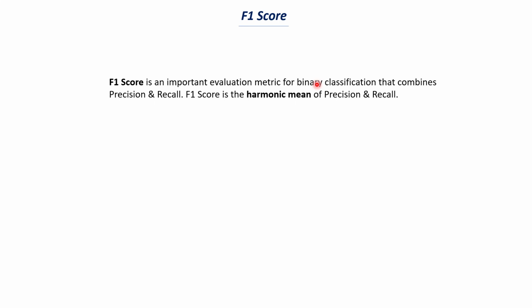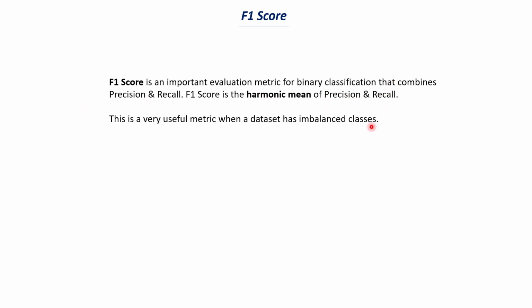In the previous example, whether a person has cancer or not, and in the precision example, whether the person in front of the camera is Siddharthan or someone else. This is what we call a binary classification problem, and F1 score is an evaluation metric for it. It combines the values of precision and recall, and it is basically a harmonic mean of precision and recall.